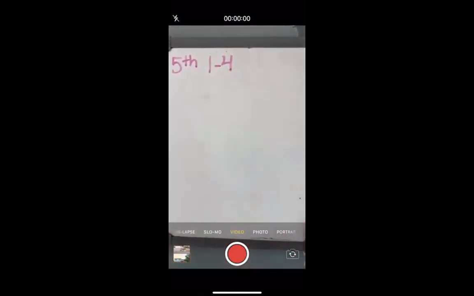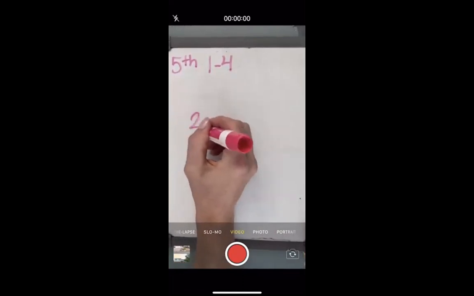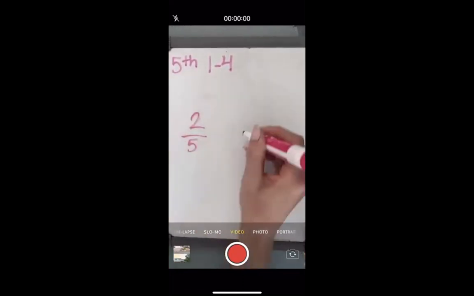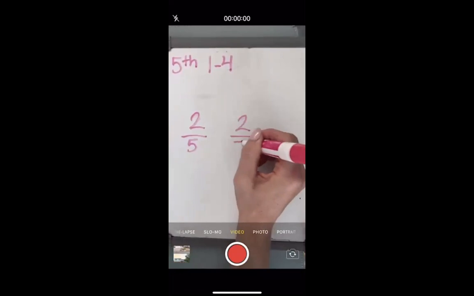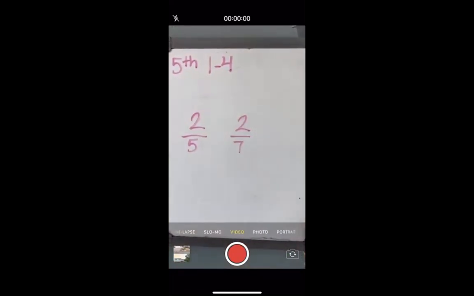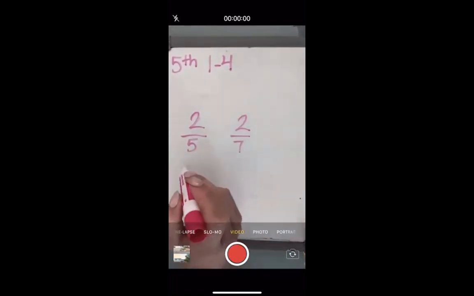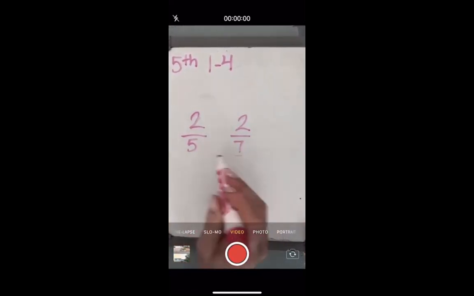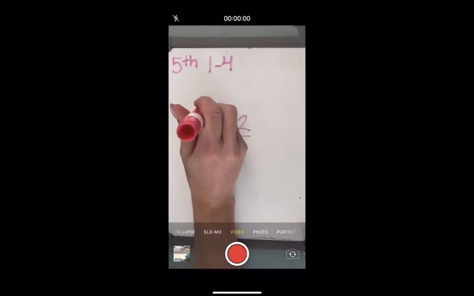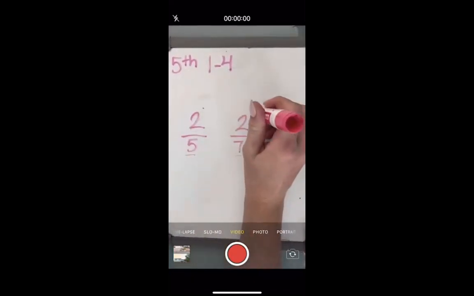So I want to give you a new example here. We're going to start stepping it up a little bit, and you'll notice here, I can't compare fifths and sevenths directly with the denominators. They're different size pieces. Fifths will be a little bit bigger, sevenths will be a little bit smaller. So a good way to do this, I could look at my numerator. I have 2/5 and 2/7.